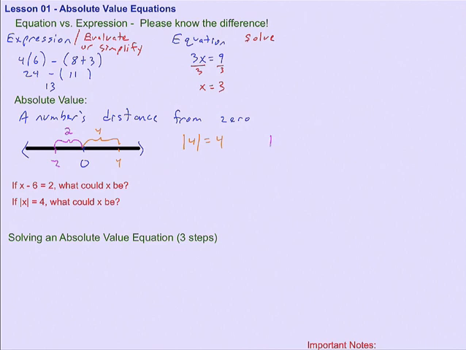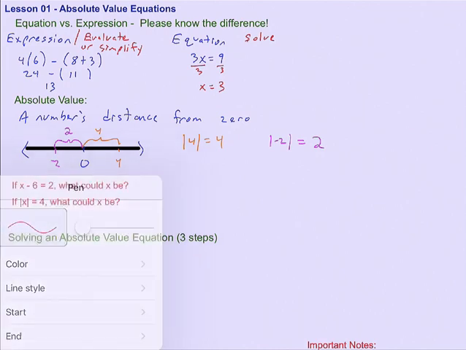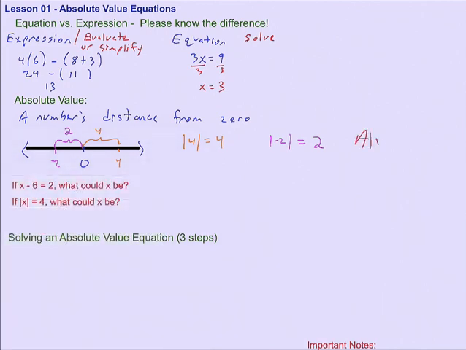So the absolute value of -2 is also a positive number. It's 2. And so that's the important thing to note about absolute value, is that absolute value is always positive.